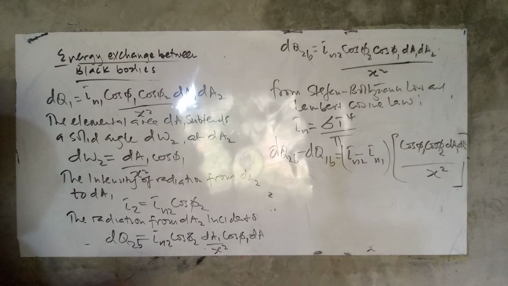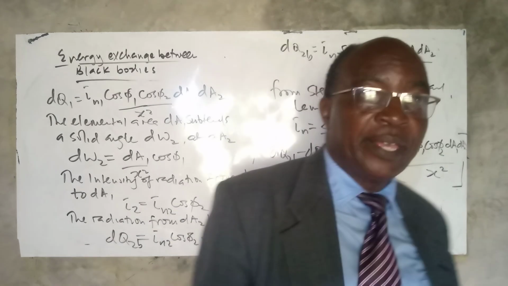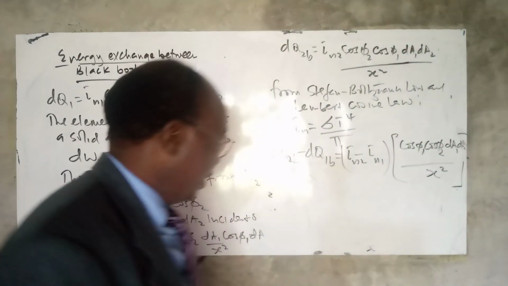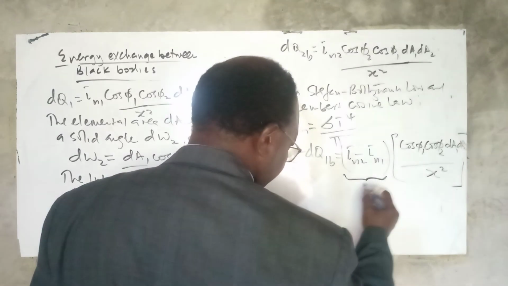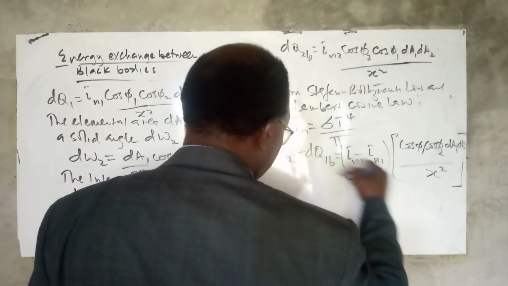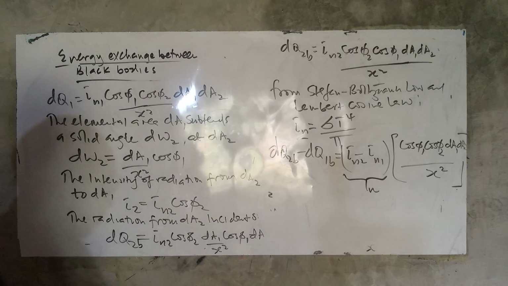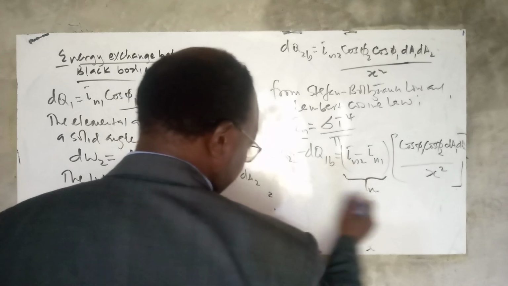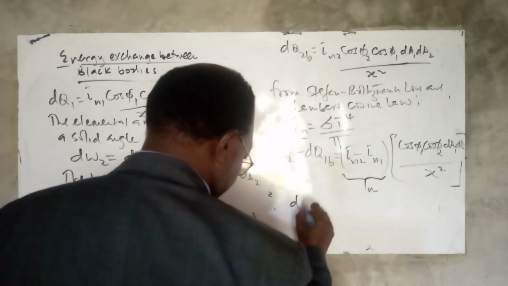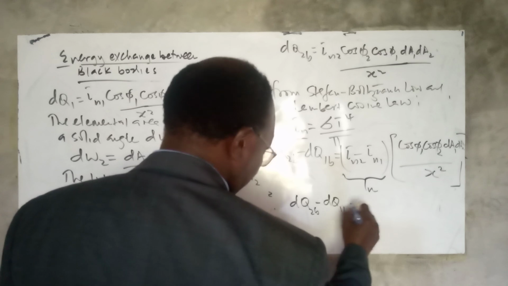So we've just subtracted the intensities of radiation on both elemental areas. And this is intensity, so we can plug in that quantity which we got from the Stefan Boltzmann law and Lambert cosine law in place of intensity.